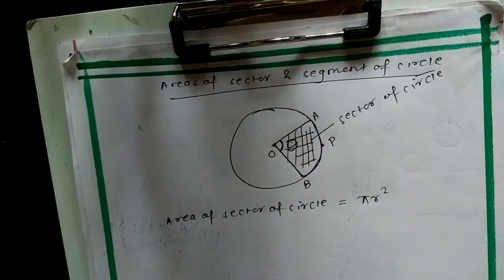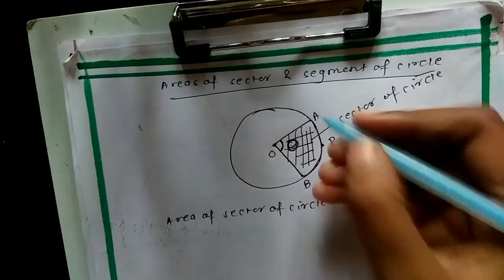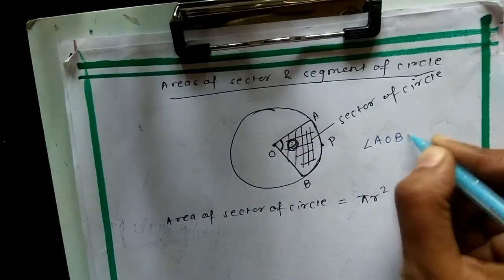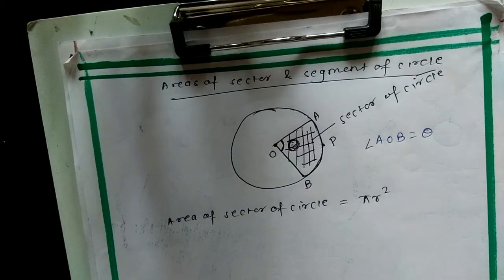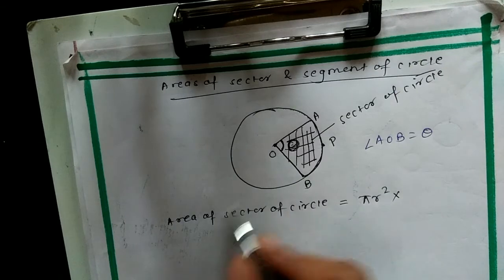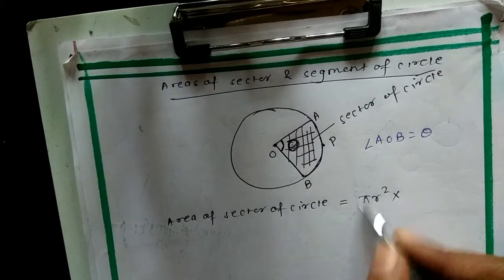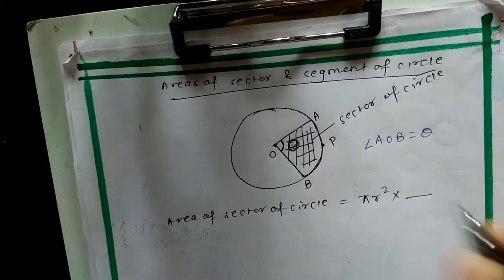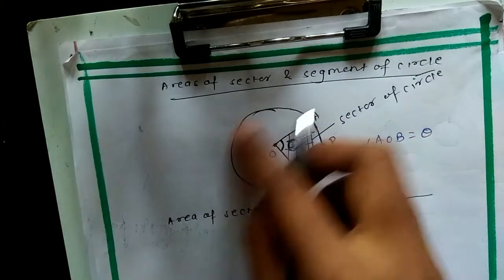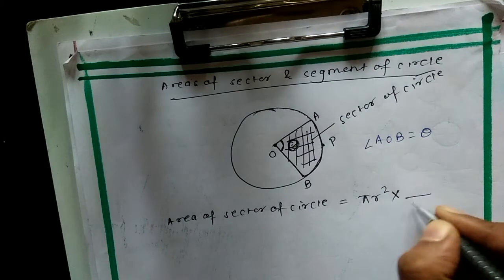I'll write that angle as theta here. So this angle AOB, we will take as theta. When we take the sector of a circle, we write the area of the circle, pi r square, into theta over 360. If you start from OA and complete one circle, the full complete angle is 360.